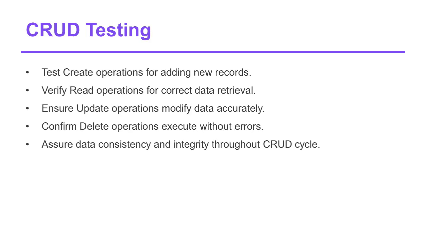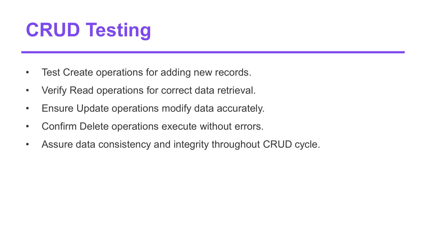When testing CRUD operations, we start by checking the create function to ensure new records are added correctly without any issues. Next, we focus on the read operations, making sure the data retrieved matches what's stored and displays accurately. Then, for update operations, we verify that changes to existing data are applied properly and that no unintended data is altered.